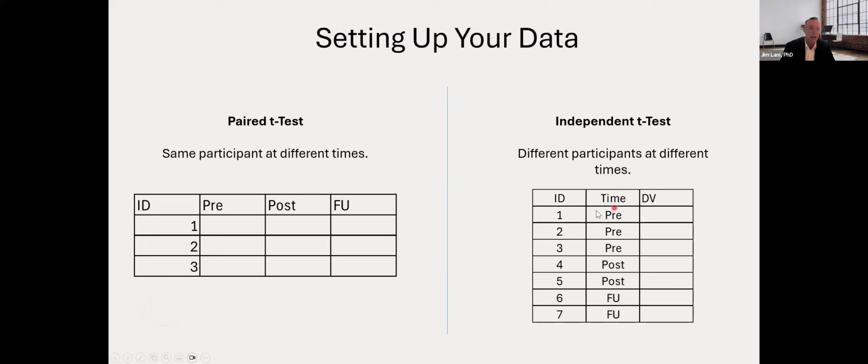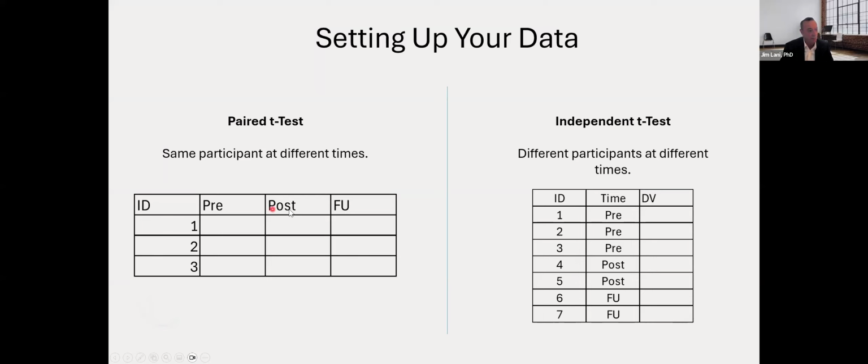So the pre-test group is different than the post-test group, which is different than the follow-up group. And you'll notice that the IDs here, for the pre-test, I have ID 1, 2, and 3. For the post-test, different people, different IDs, 4 and 5. Follow-up, different people, ID 6 and 7.